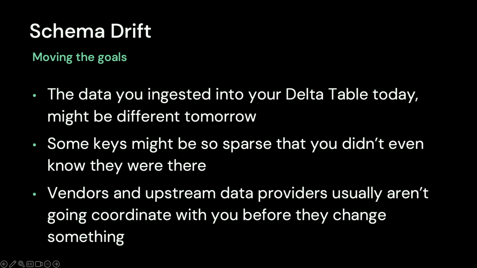But you can also have string to nested object. In your nested object, you can have an array of nested objects, and the nightmare just unfolds right before your eyes, just like watching a train crash. So if you've experienced these wonderful data sources, this talk is for you, right? And the last bullet, just to drive it home, the vendors don't talk to you, right? They're just going to release their data. They're going to do what they do, and you have to deal with it.